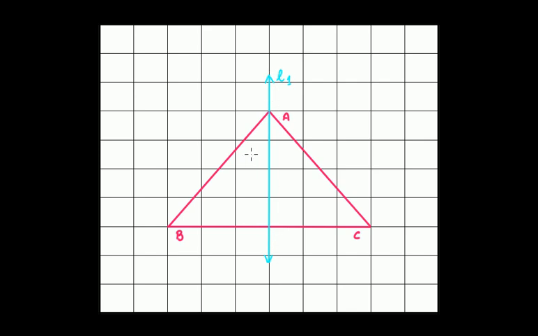If you view the left portion in the mirror, the image formed will be exactly similar to the right one. In the same way, if you look at the right portion in the mirror, the image formed will be exactly similar to the left portion.